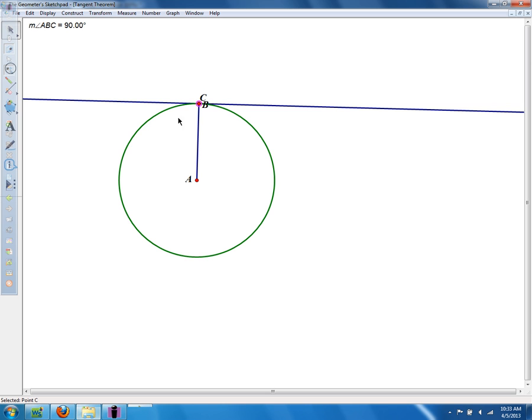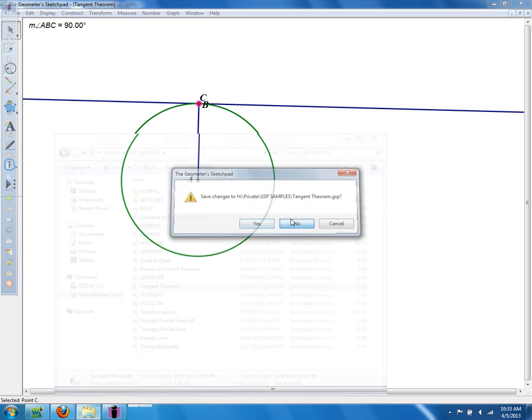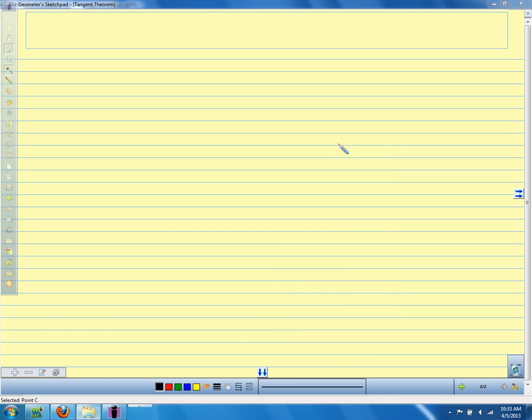So what we're seeing is that when a tangent and a radius meet at the circle, they make a 90-degree angle, no matter how the circle is arranged. That's going to be our first theorem that we talk about today.